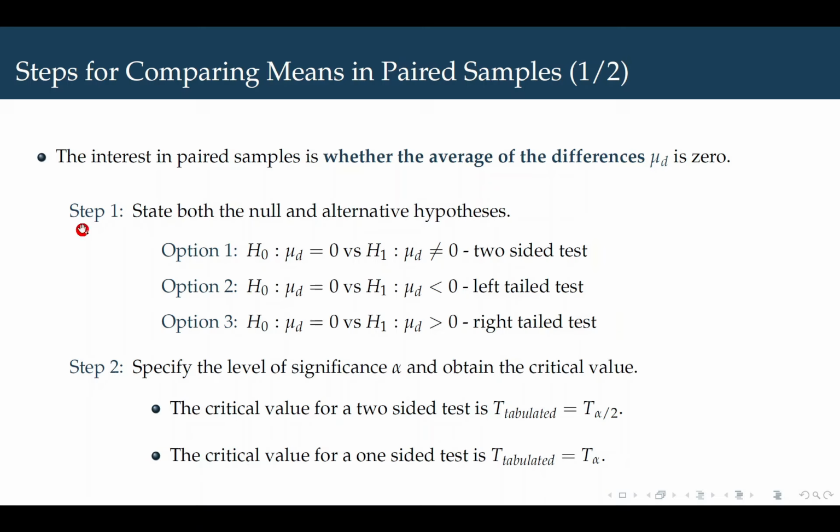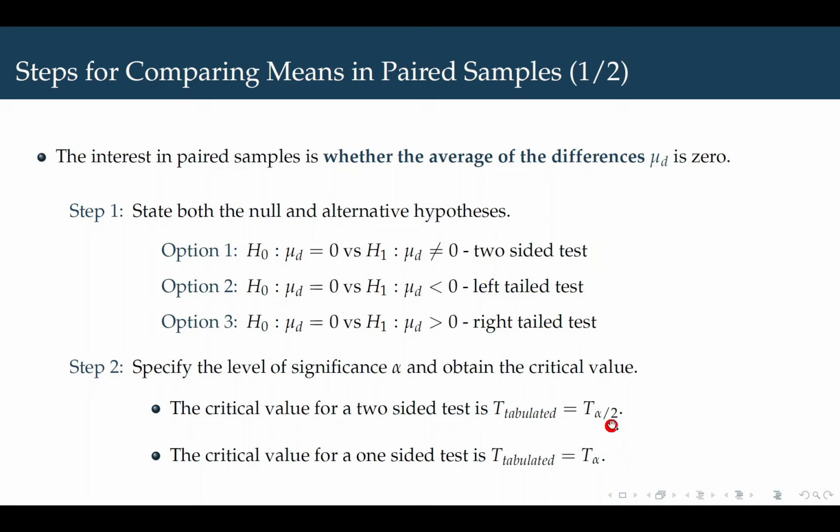Then once we state the null and alternative hypothesis, next we have to specify the level of significance alpha, and we have to obtain the corresponding critical value or tabulated value based on the theoretical statistical distributions. Then if the alternative hypothesis is a different-from type, like here, then the tabulated value is going to be calculated as T alpha over 2.